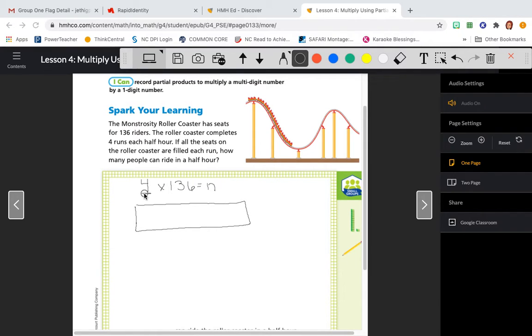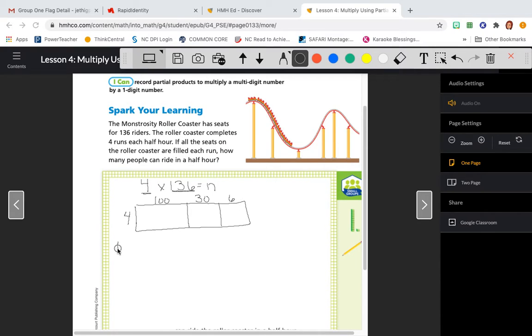We're multiplying all of our numbers by 4, and then we're breaking our larger number, our larger factor, into expanded form. So we would have 100, 30, and then 6. Okay, so then we're multiplying each of those.